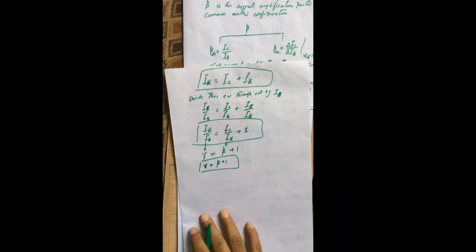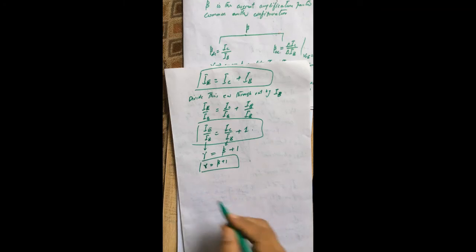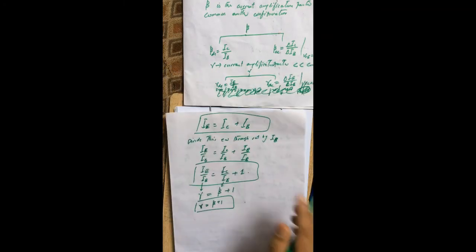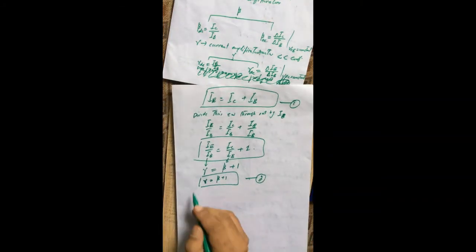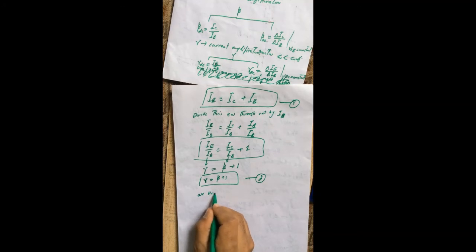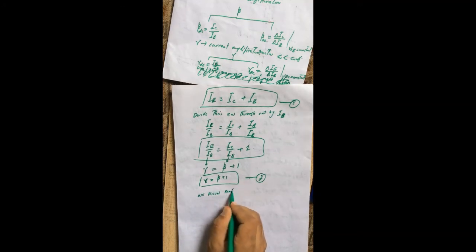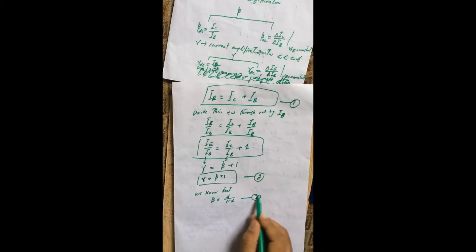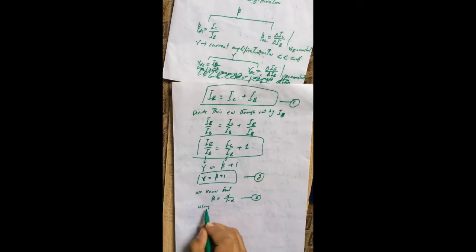I call this equation number 1, and this is equation number 2. Now we know that beta is related to alpha by this relation. Beta is equal to alpha over 1 minus alpha. Let's say this is equation number 3.